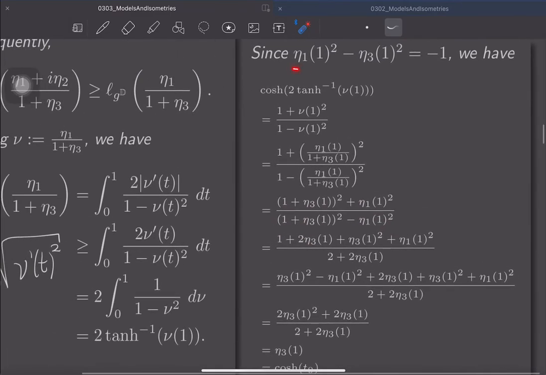So I use this one, so kind of the eta 3 square minus eta 1 square becomes 1. Okay, and that 1 plus this other one is 2. And then this other 2 comes from, you see, because in this square I have 2 times this.